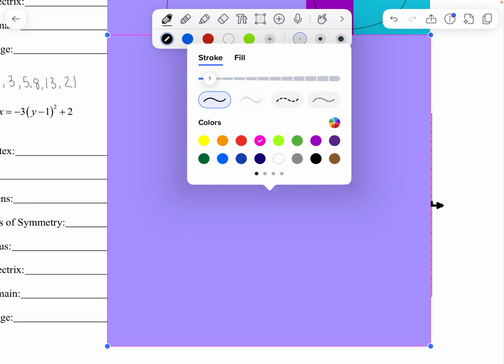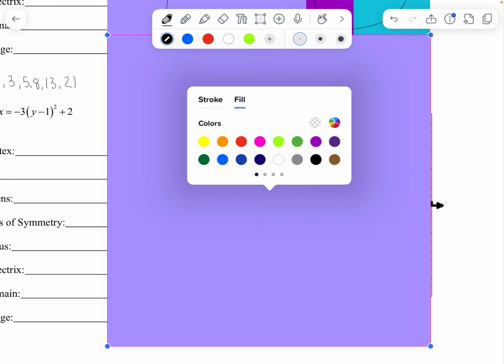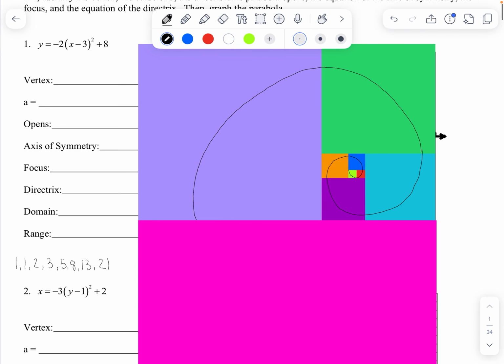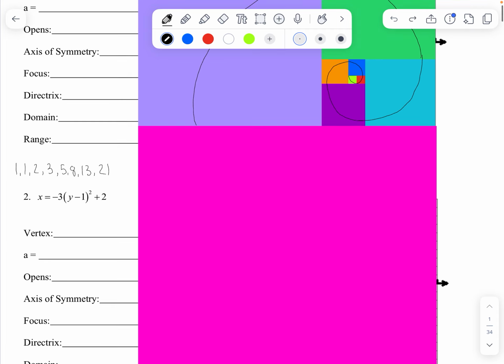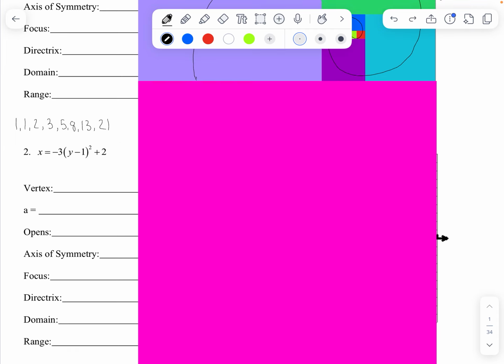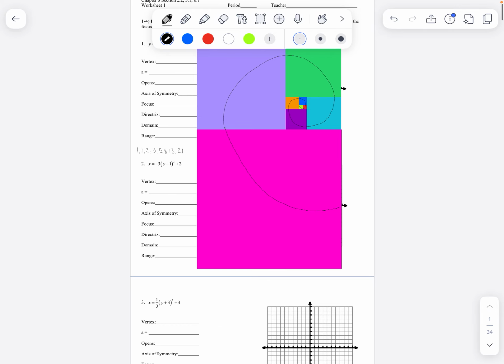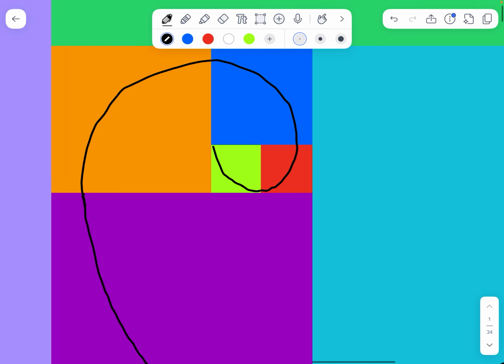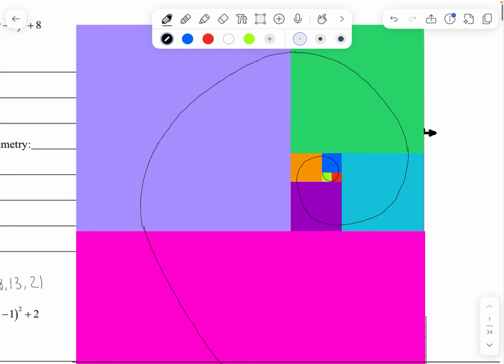A lighter color. Yo, so we got an extra 2 boxes. That is a Fibonacci spiral, right? So we start at 1, 1, 2, 3, 5, 8, 13, 21, and then 34.